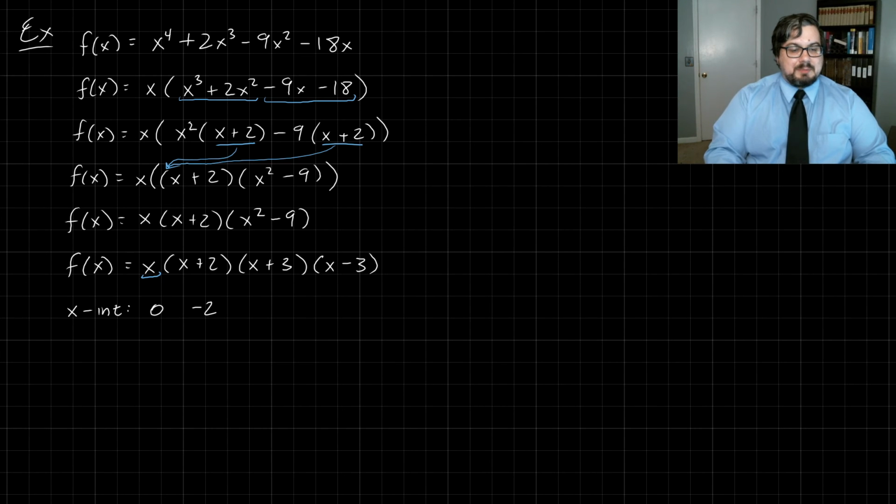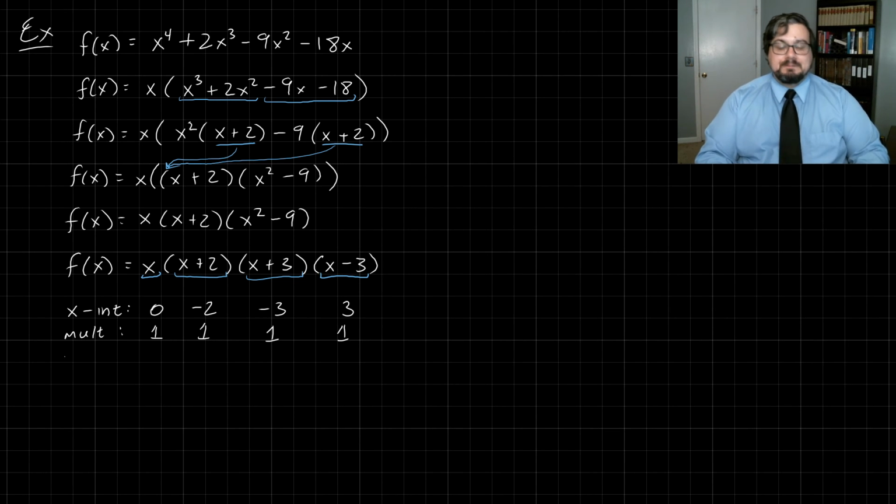An x-intercept of negative 2 coming from the factor x plus 2. An x-intercept of negative 3 coming from the factor x plus 3. An x-intercept of 3 coming from the factor x minus 3. And the multiplicity of each of these is 1. Each one of these zeros has multiplicity 1, and so that's what we'll use to graph out the function.